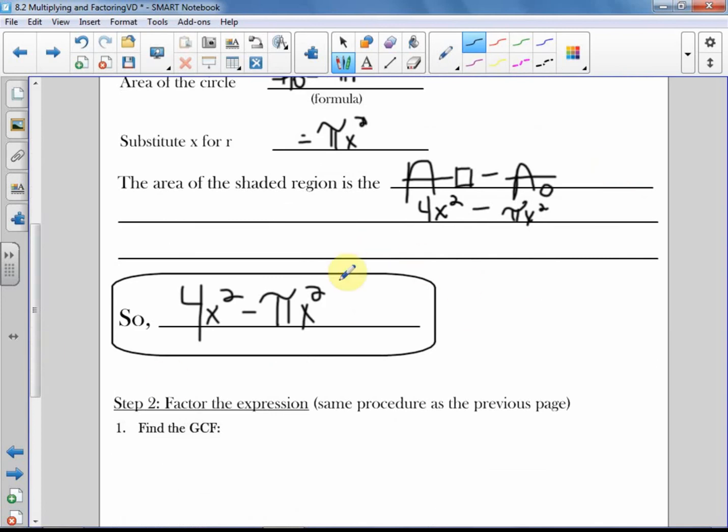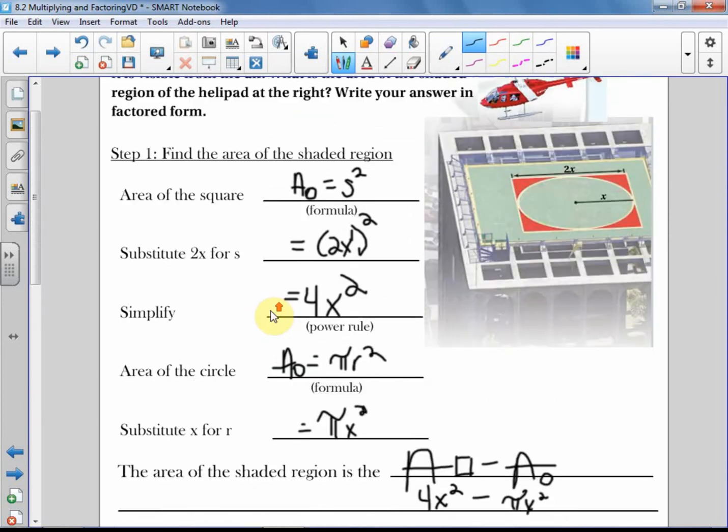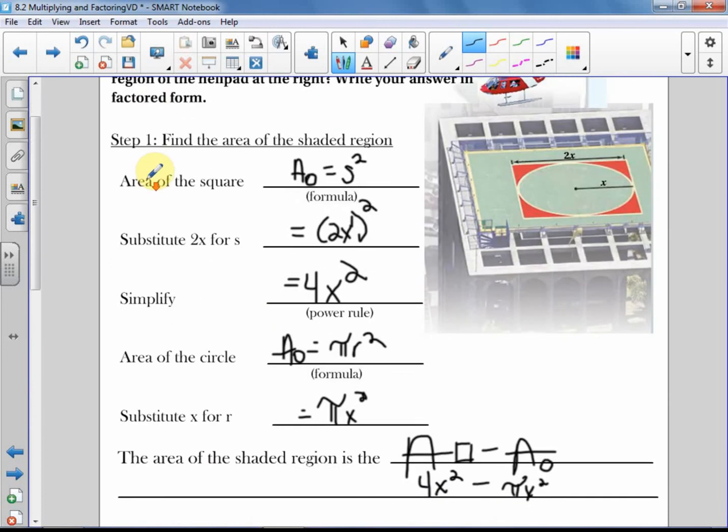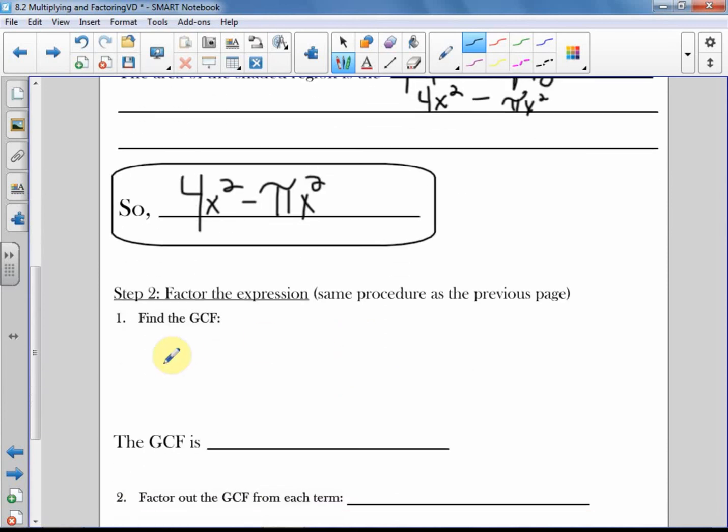Now, this isn't fully factored. I need to factor the area of the shaded region because that's what they asked us to do, to write our answer in factored form. If they did not ask us for the factored form, we would keep this answer, but we have to further factor it. So we are going to find the GCF. I need the GCF of 4x squared and of pi x squared.